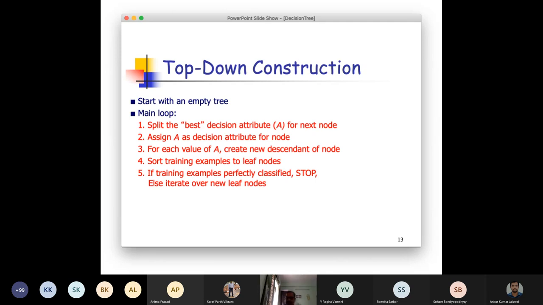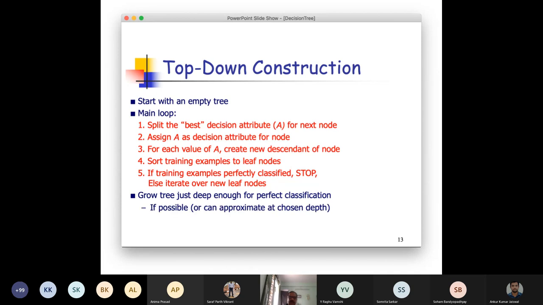There are graded values of that attribute. It is not that every value of the attribute is the same. So in those situations, you have to consider repetition, whether those attribute values are going to be checked again or not. I hope now it should be clear. And with respect to examples, we can further elaborate. So grow the tree just deep enough for perfect classification.